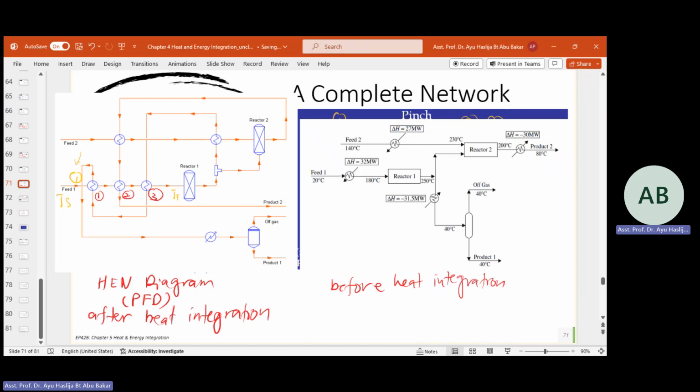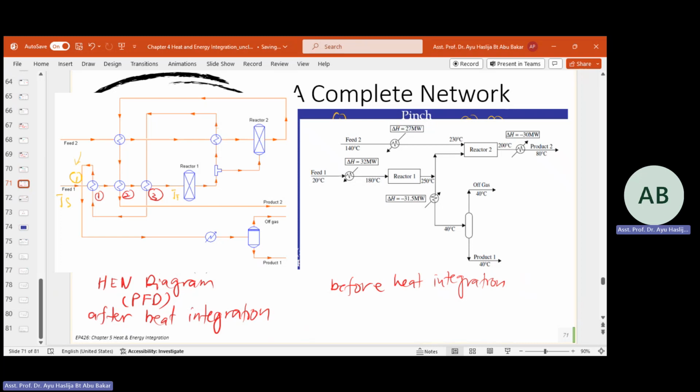Yes. You have question, Jason? How do you arrange? Is how do we find the minimum number of exchangers?